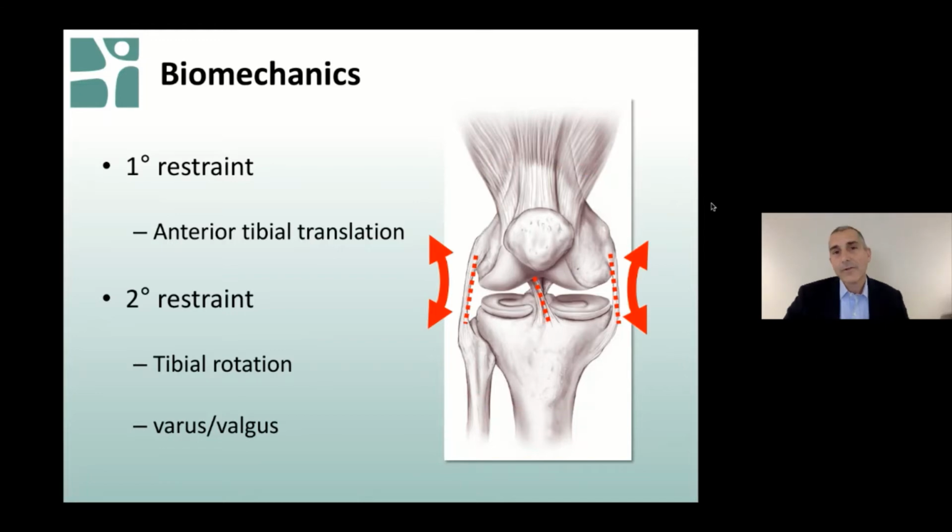I mentioned earlier that the collateral ligaments run on either side of the knee and prevent the knee from bending sideways. The ACL serves as a secondary stabilizer to what we call varus and valgus stress. It helps the collateral ligaments do their work. And that's why sometimes in high energy injuries, these ligament tears often happen together.